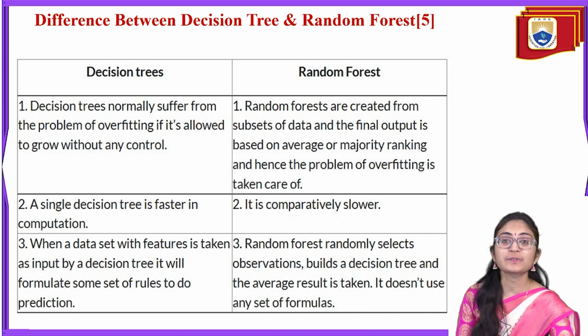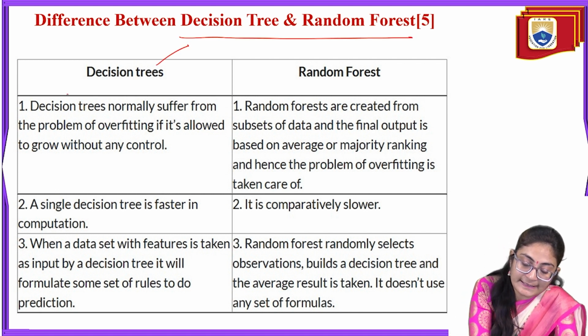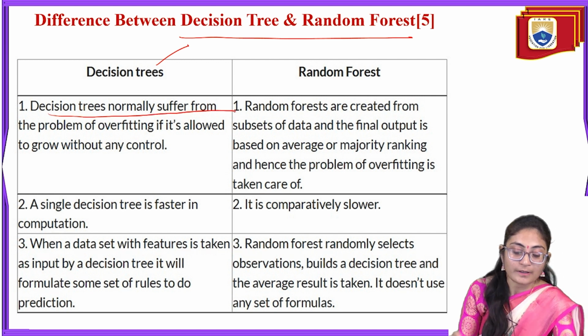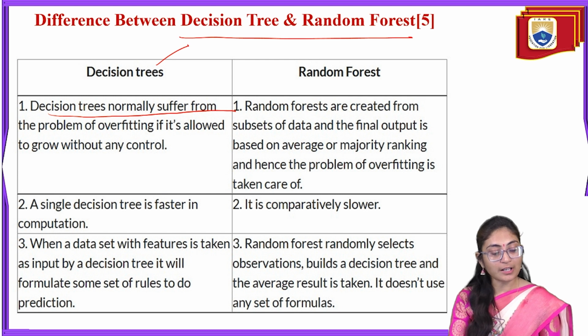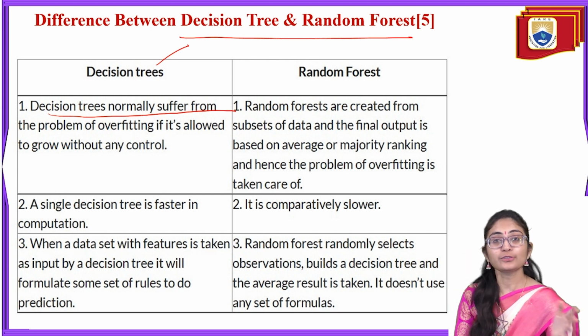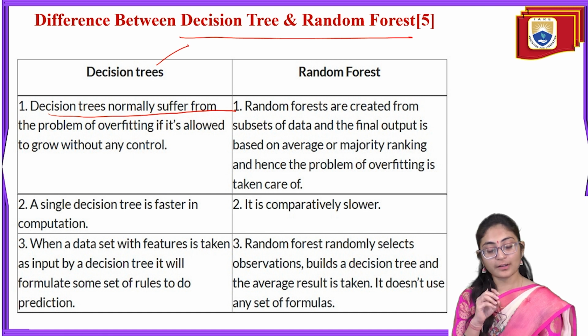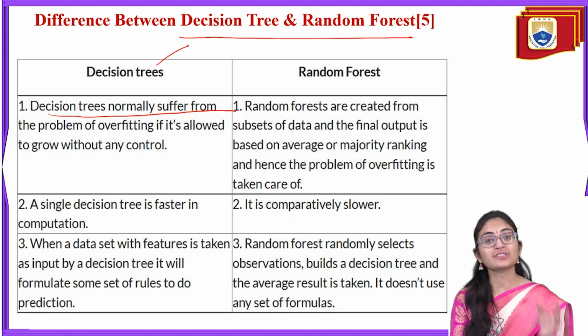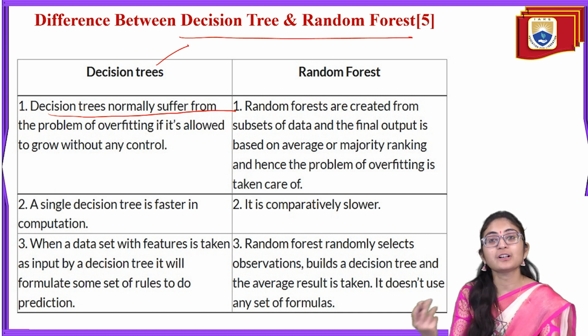Now, there are differences between a decision tree and a random forest. Decision trees generally suffer from the problem of overfitting if they are allowed to grow without any control. I already told you that in decision trees, most of the time the overfitting problem can occur. So if overfitting occurs in your decision tree, it can't work properly.